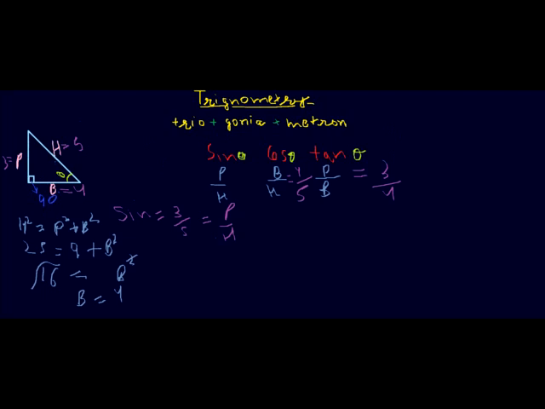So every time you have to find a trigonometric ratio or function, if you are given an angle or a trigonometric ratio, then you can find the other ratios by simply drawing this triangle and using the Pythagoras theorem and other things.